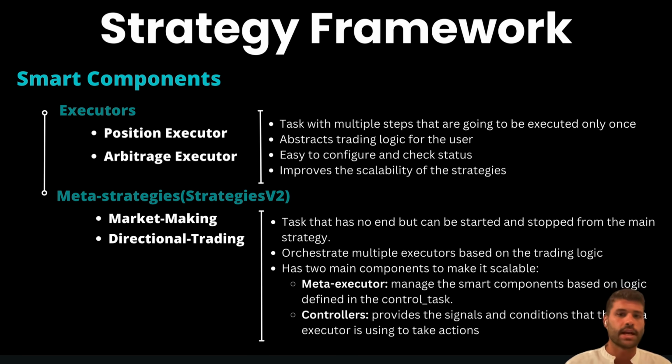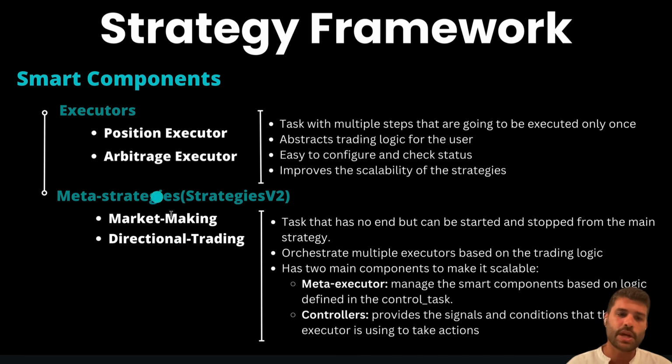You will need to create a lot of logic, and your script will have, I don't know, 200 lines, and with the position executor it will very probably have 70 lines. One important thing is that before I made this refactor, the direction strategies had like 300 lines, and now they have less than 70 lines of code, and it's much easier to understand what they are doing. Well, that is what the executors are.